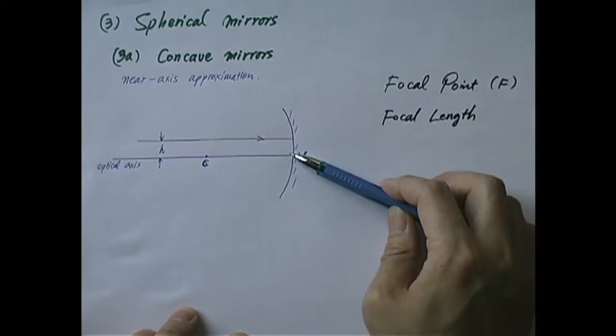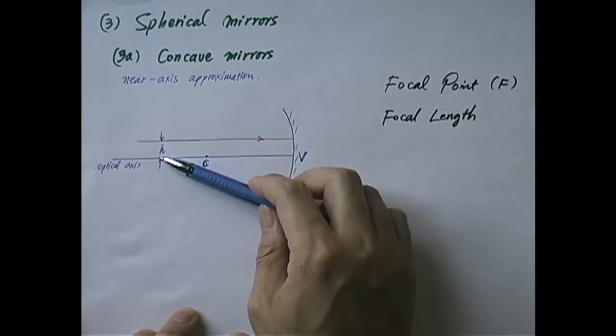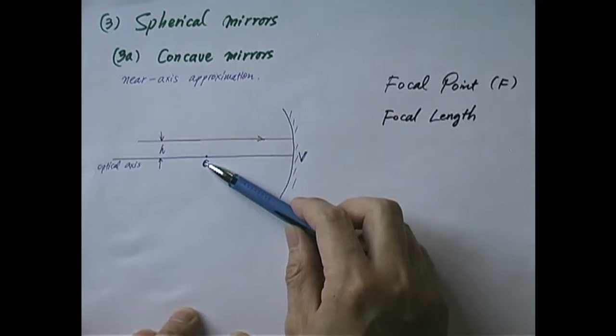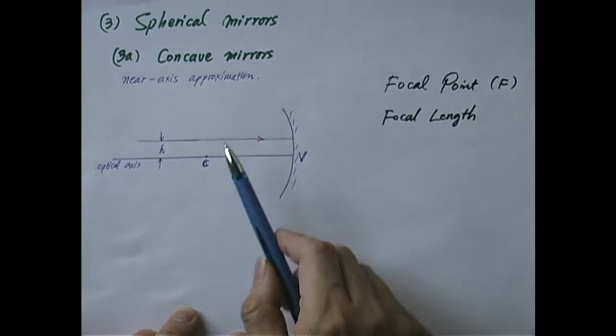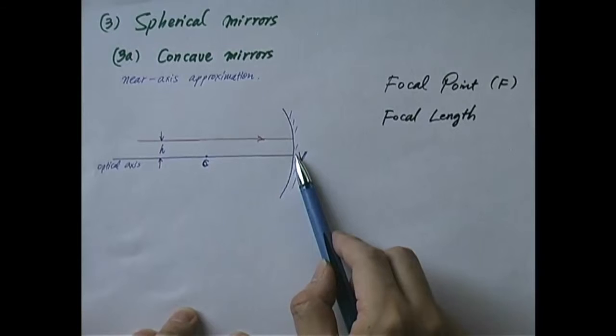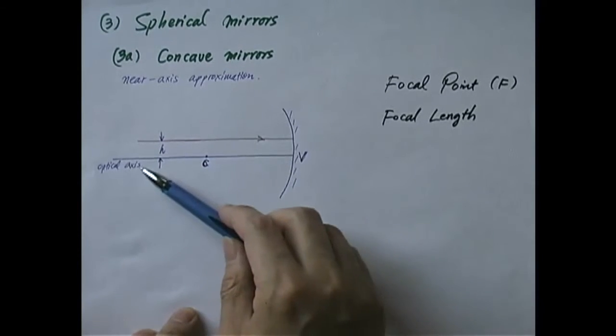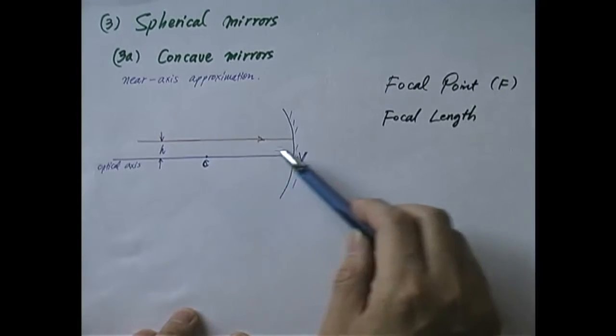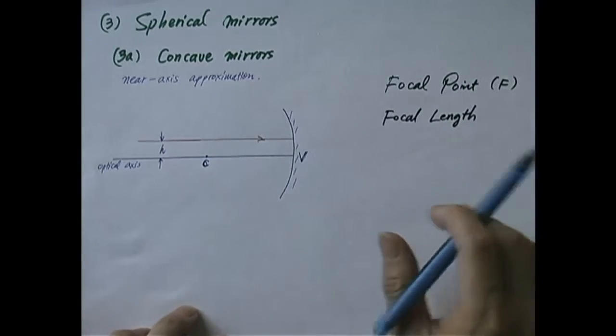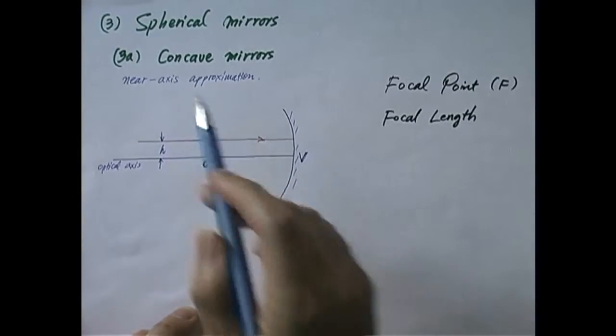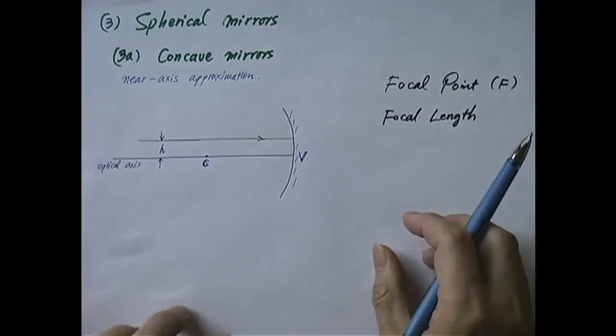I'm going to assume that this h is much less than the radius of the sphere, in other words, the distance between C and V. This beam of light, whose separation from the optical axis h is far less than the radius of the sphere, is called a near axis beam, for obvious reasons.